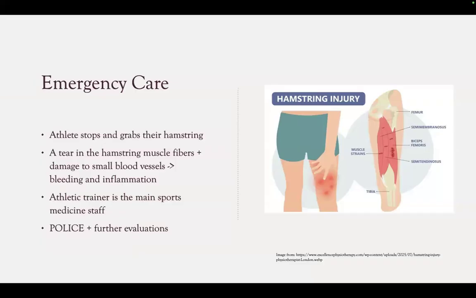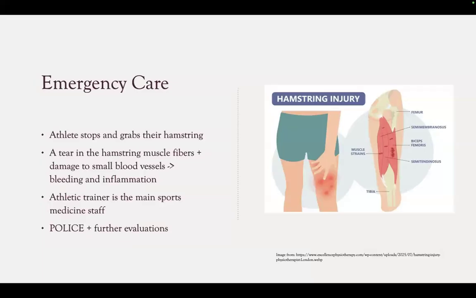There can also be swelling, and the athlete can notice tightness. The athletic trainer in this case is very important because the trainer should run and go help the athlete right after this happens, quickly evaluate the injury, help the athlete get off the track, and then help with applying the POLICE principle, maybe helping with some further evaluations in the next steps, and just helping the athlete feel better, help with the pain, and try to figure out what's going on with the leg.